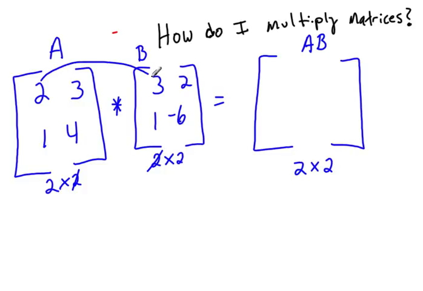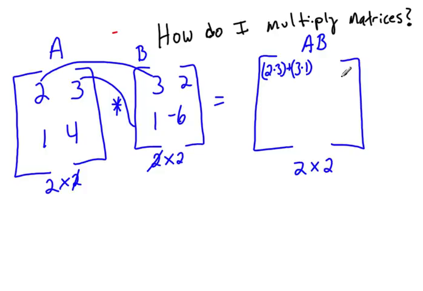So we'll have 2 times 3, and then we add that to 3 times 1. And so that's the first element.